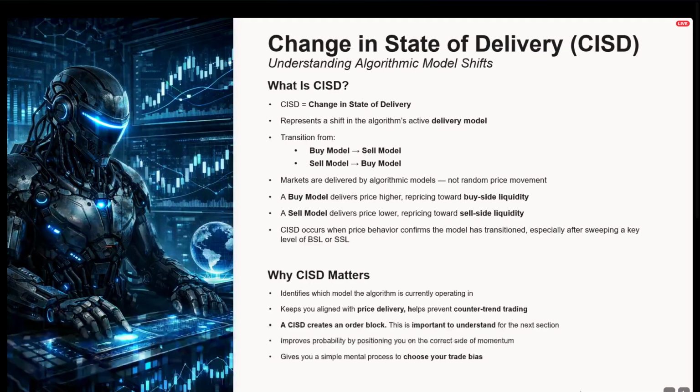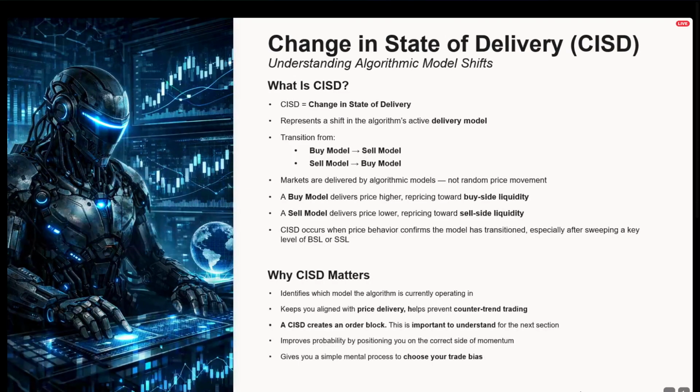It keeps you from fading the direction the market is moving, because no matter how much you think you can look at a chart and say this is so oversold, or this is so overbought, or this market's a scam, you're just constantly battling the order flow. Understanding changes is going to greatly affect your overall profitability.